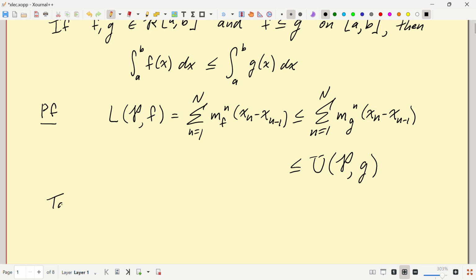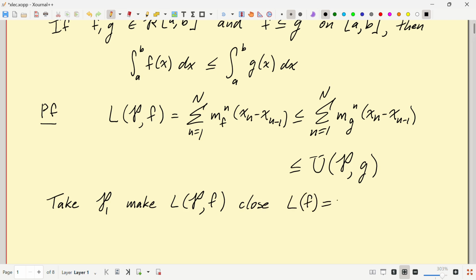So I guess I'll say it in words. Take P1 making L(P1, f) close to the value of the integral. That would be the lower sum of f close to the value of the integral.